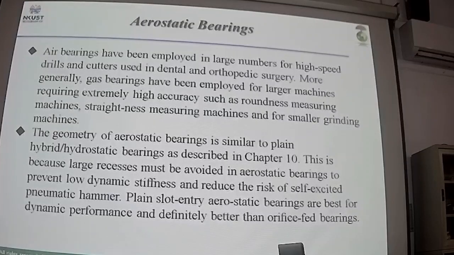If you use an oil hydrostatic bearing, you risk your lubricant leaking and contaminating your cleaning room. So that's why it's forbidden to use oil hydrostatic bearing in the semiconductor industry. So always in the semiconductor industry, you use aerostatic bearing instead of the hydrostatic bearing.